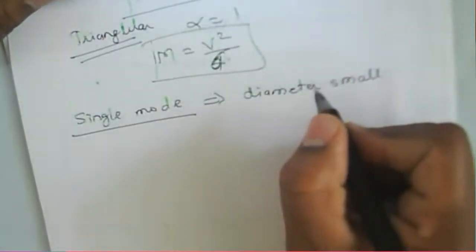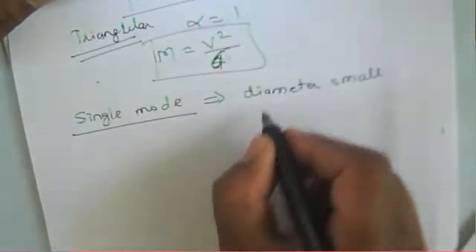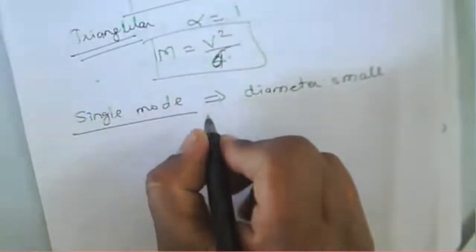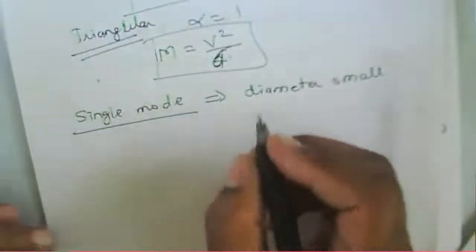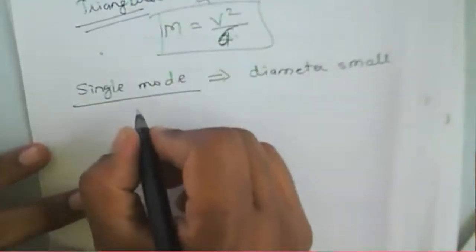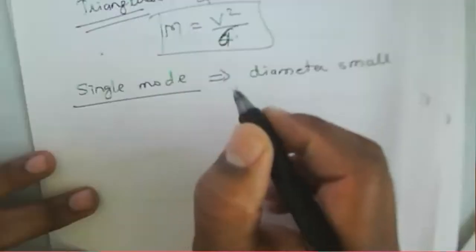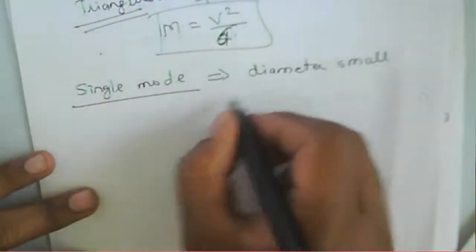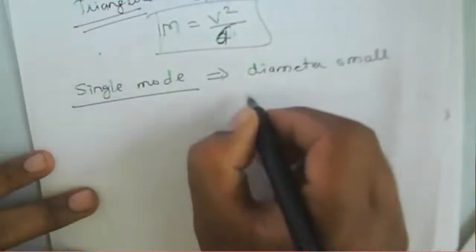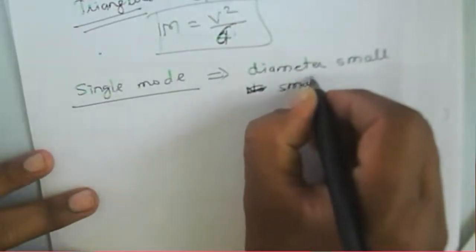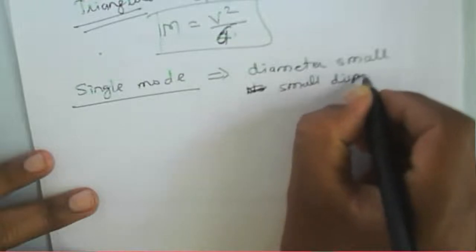Because the diameter is small, there will be a low delay. We can say that signal dispersion will be low, or no dispersion, or a small dispersion.